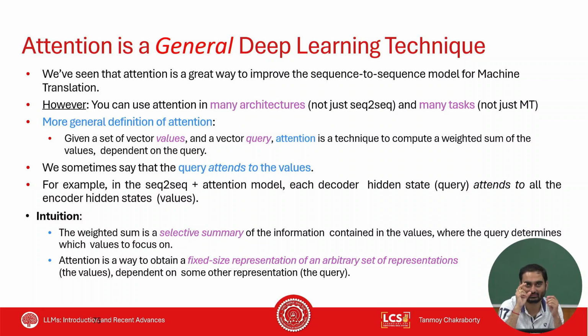So you can think of attention as something which can squash the entire encoder states into a single vector. Okay, why did I say all these things? Because when you apply attention to some other problems, you need to understand all these factors.